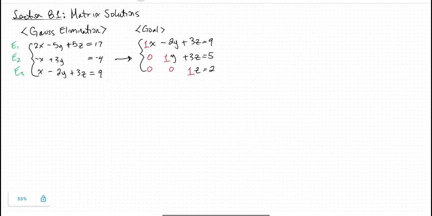After that process, we had one of the answers automatically. It was from the last part, z. But then we still had the other two that were missing. So x was missing, y was missing, and to get those two answers, we use a process called back substitution.